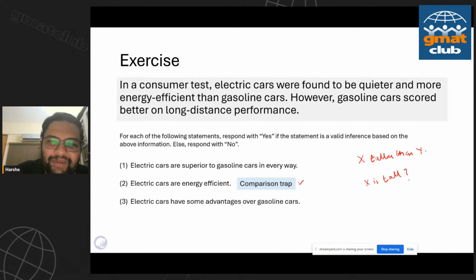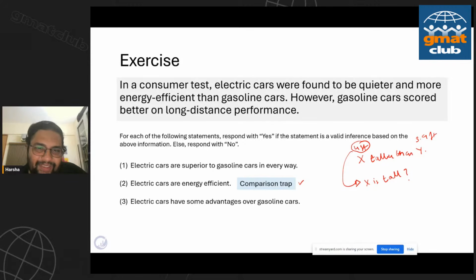For all you know, we are dealing with midgets here. X could be some 4 feet tall and Y could be some 3.9 feet tall. Are you going to tell me that X is tall by general standards? No. So just because something is better or bigger or whatever compared to the other doesn't mean that something is big or better. Keep that in mind.